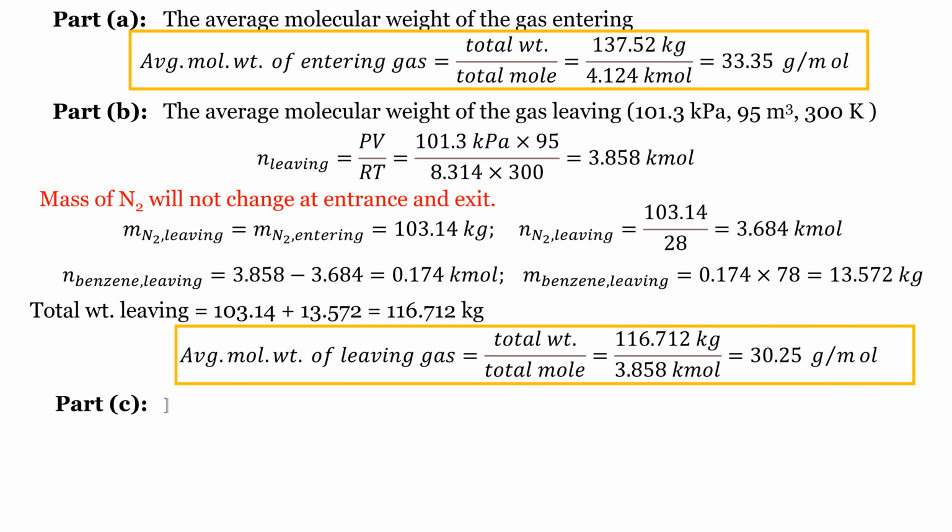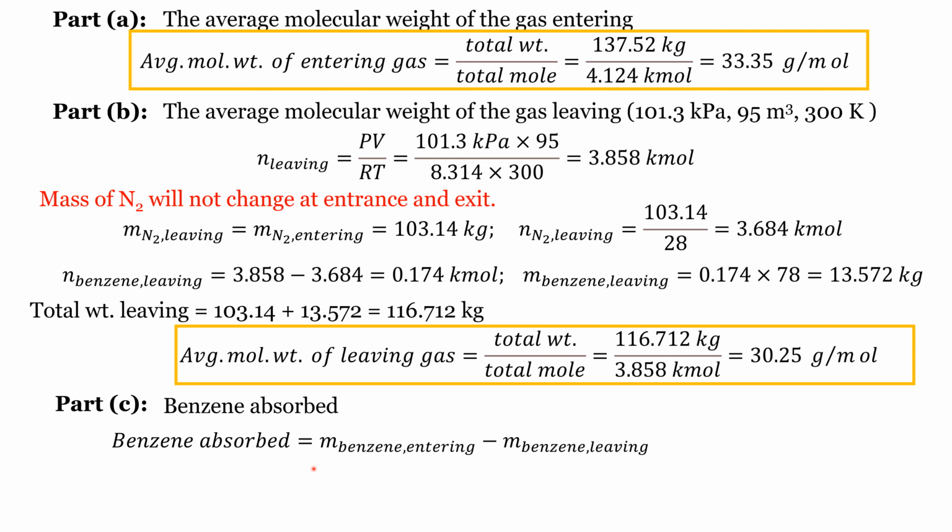So in part C, we need to estimate the amount of benzene absorbed. For that, we can write mass of benzene entering minus mass of benzene leaving. So it will come out as 20.81 kg.